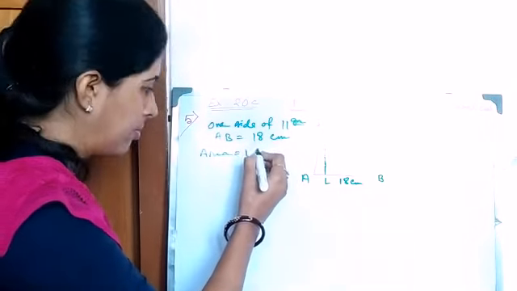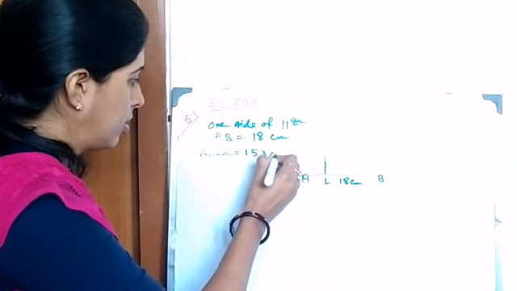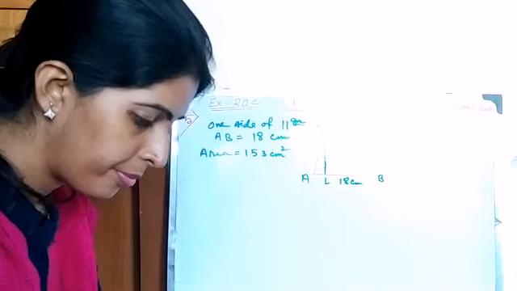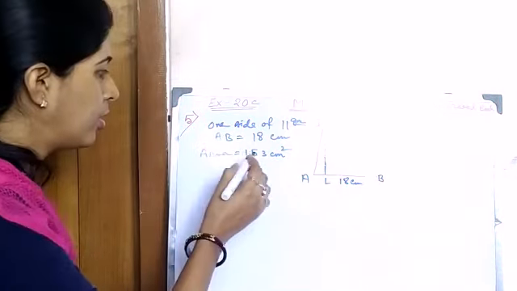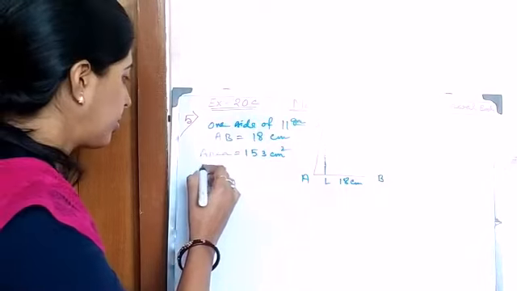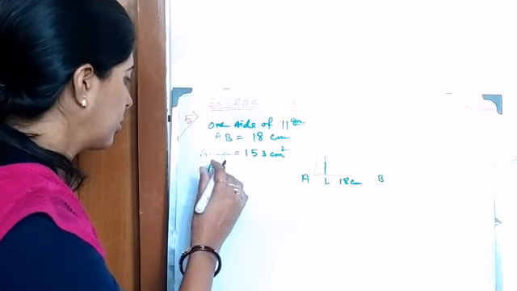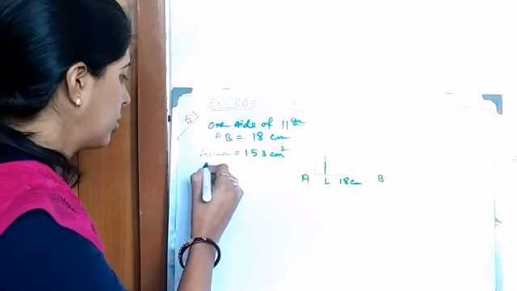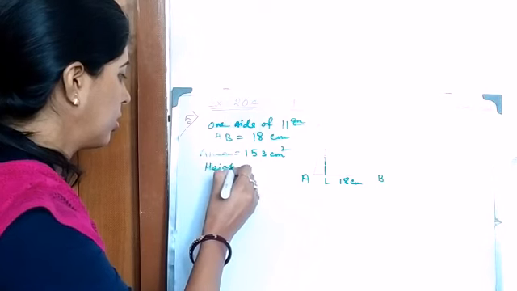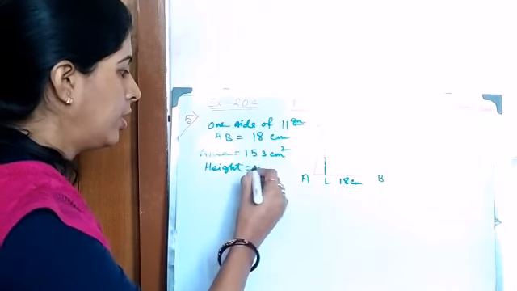Area is 153 centimeter square. Then height, I have to find out. First, height equal to DL.